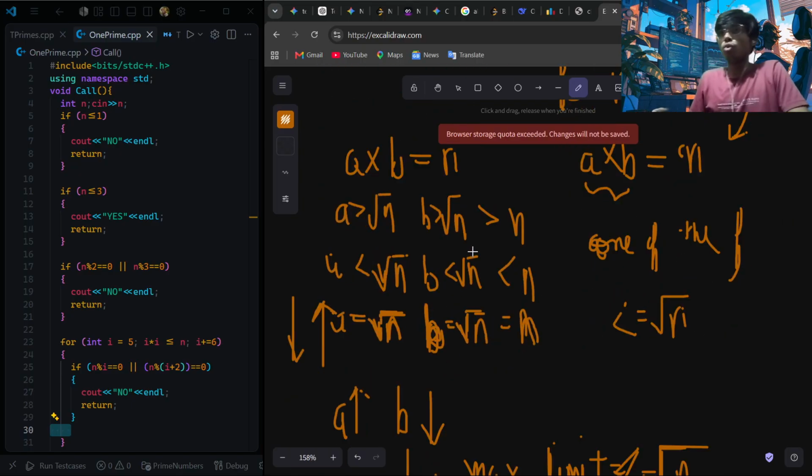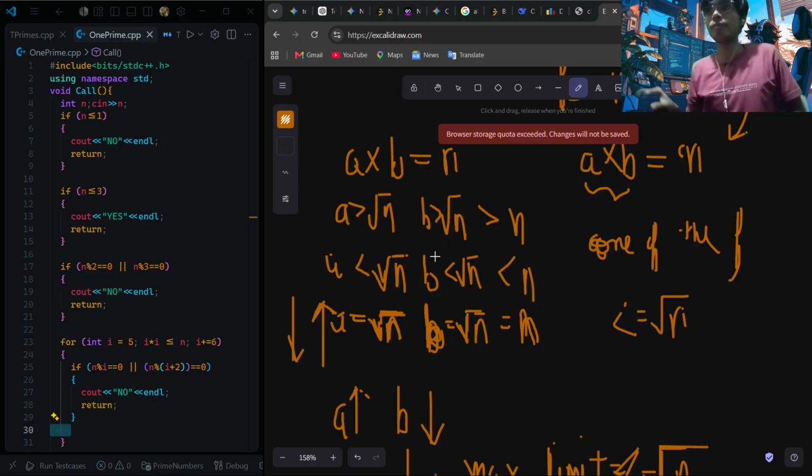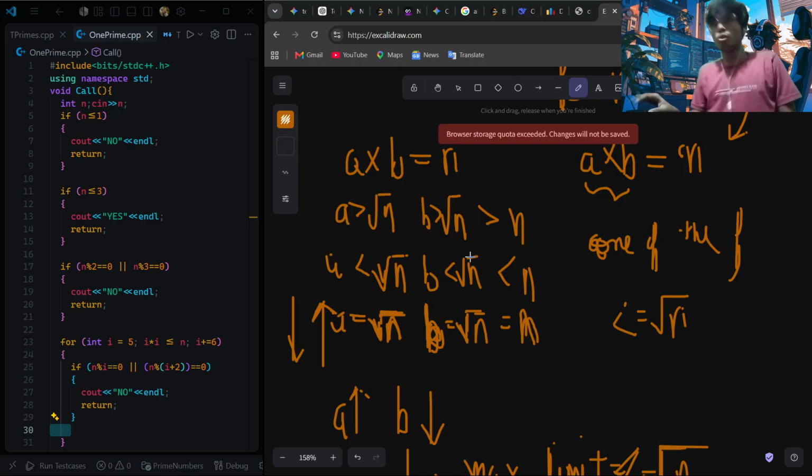Now we consider three situations. What if both A and B are greater than under root n?